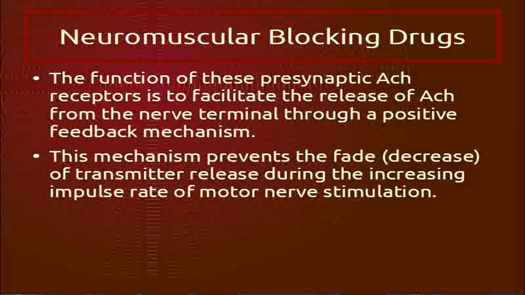And so when you do your train of four stimulation, if you have given no muscle relaxation, you get 4 equal twitches. And that's a reflection that the first twitch releases, the vesicles fuse to the membrane, and then every other twitch after that is a reflection of what? How your presynaptic calcium influx is being regulated.